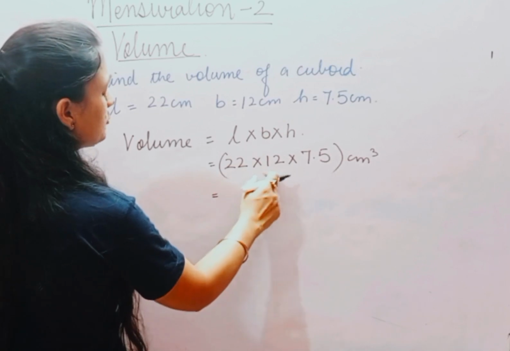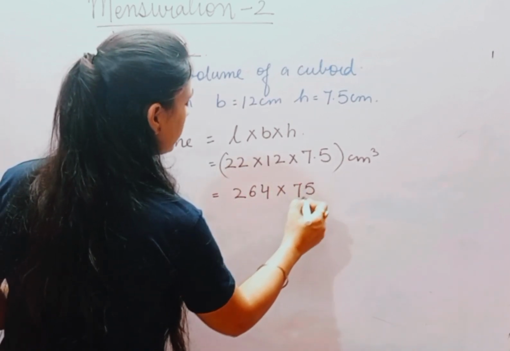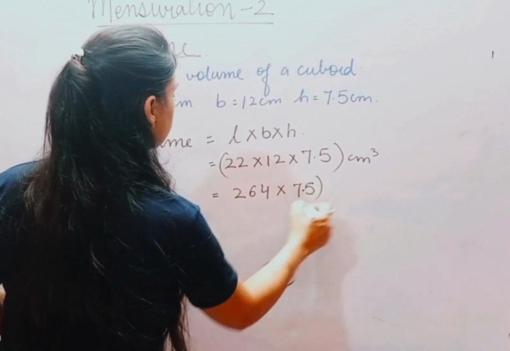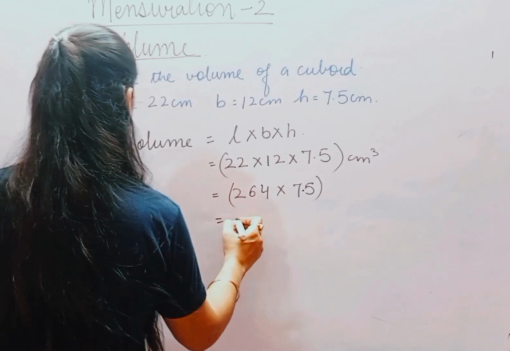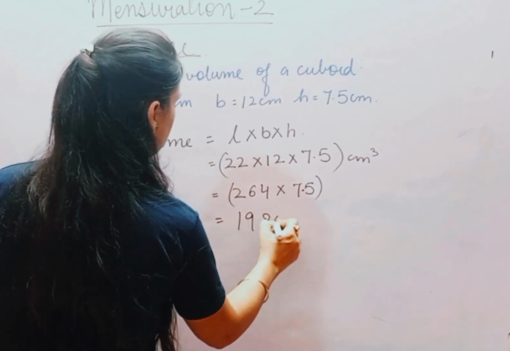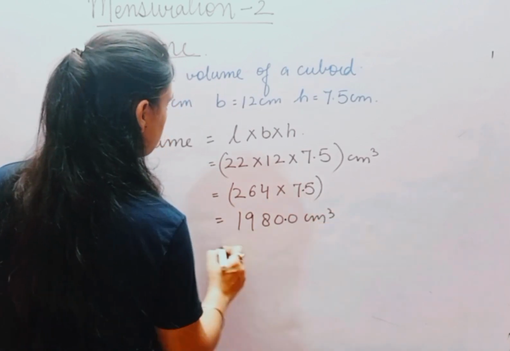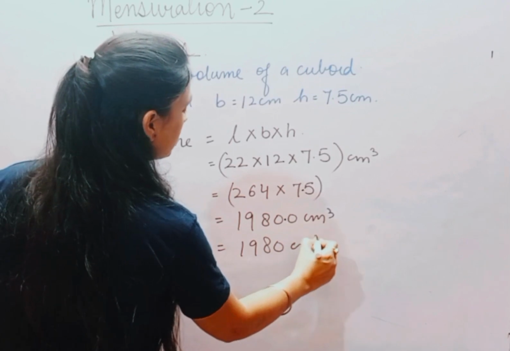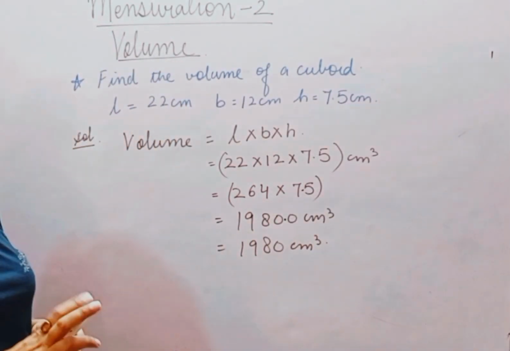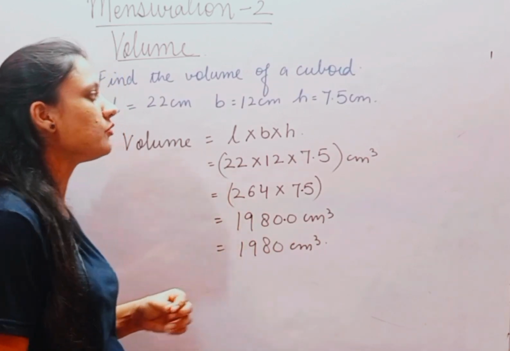So 22 into 12 is 264, multiply by 7.5, or you can remove the decimal, it is up to you, however you feel comfortable. When you multiply, you will get 19800, and after that we put the decimal. So the answer is 1980 centimeter cube. This is how you find the volume of a cuboid, right? Now let's discuss some more questions.